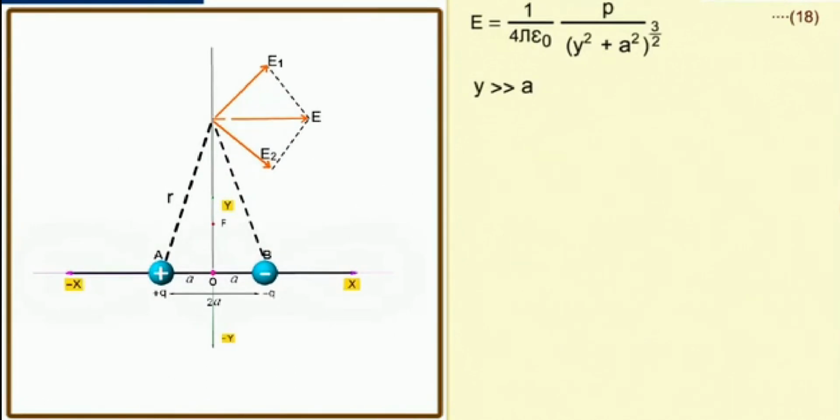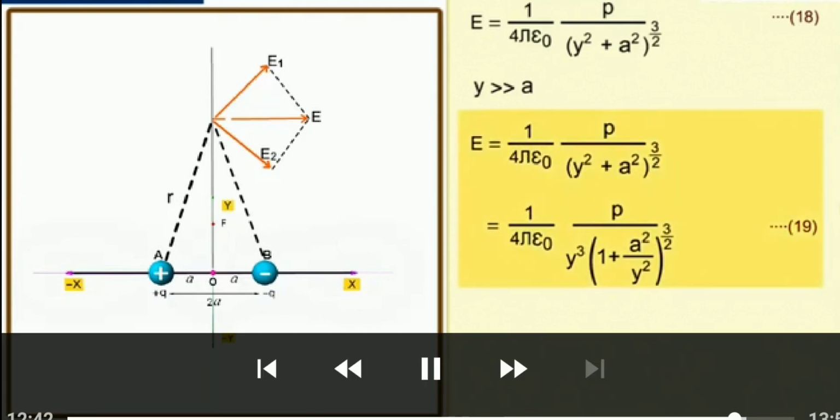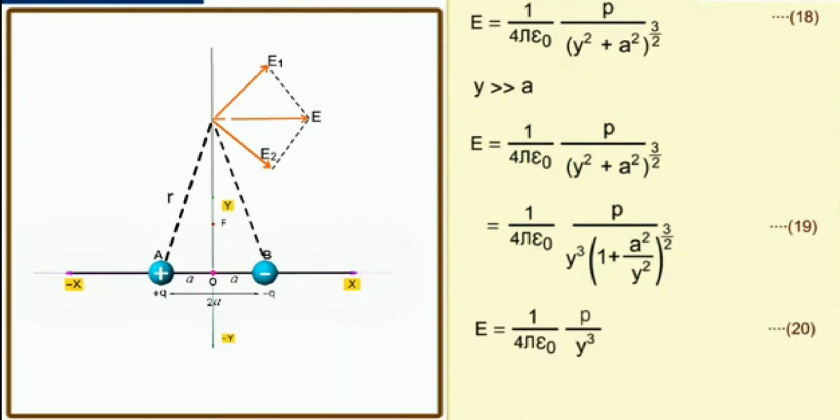Then, writing the expression 18 as in equation 19 and neglecting the term a square by y square, for y very large as compared to a, and on further simplification, we get E is equal to 1 by 4 pi epsilon naught p by y cube. Let us label it as equation 20.